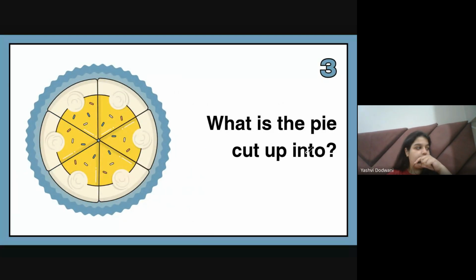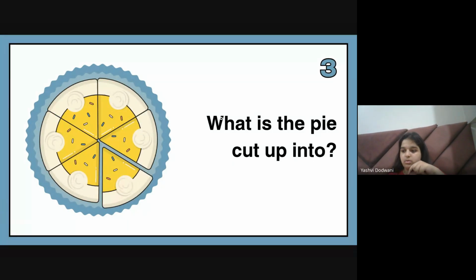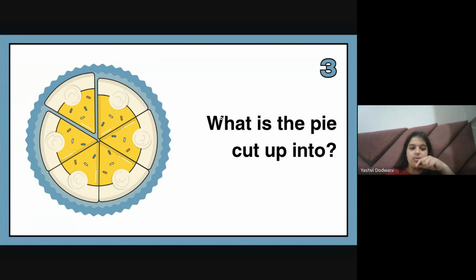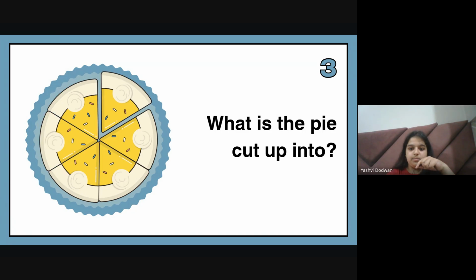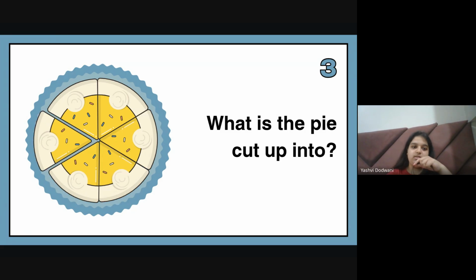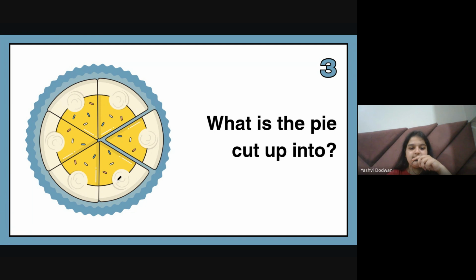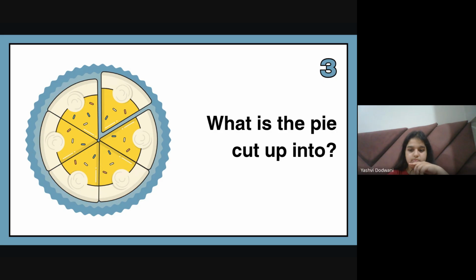What is the pie cut up into? 6. Yes. And if I say that two slices are eaten by my friends, what fraction would be remaining? 2 by 3.